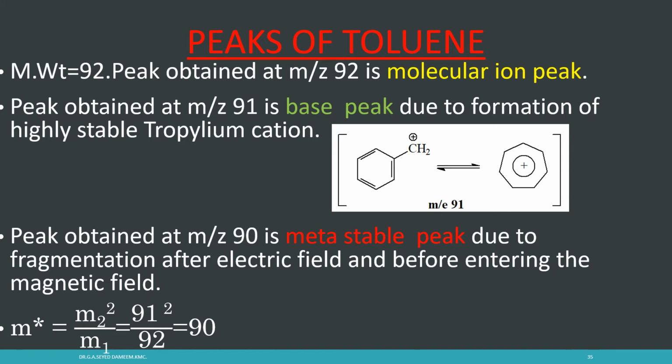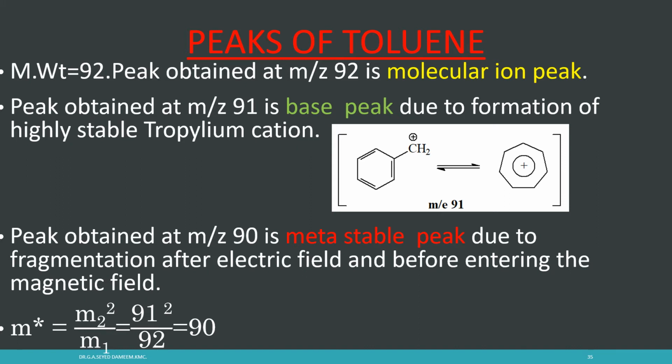In the case of toluene, the tropylium cation is formed. The peak with m by z 91 is due to formation of the tropylium cation, which is the base peak. Some molecular ions fragment to the tropylium cation after acceleration and before entering the magnetic field, and give a metastable peak at m by z 90.